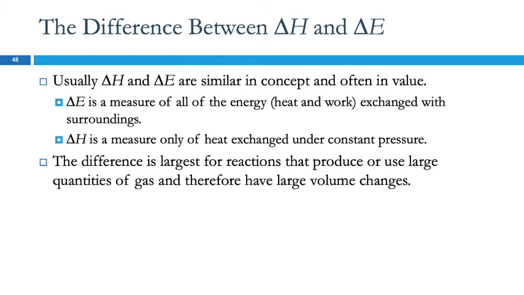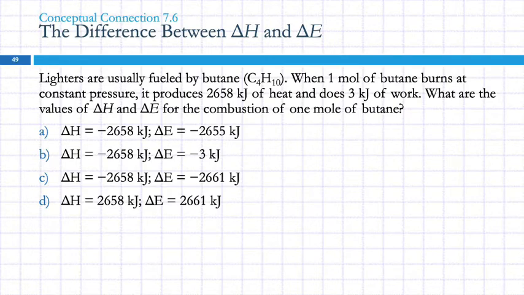But most of the time, they're essentially the same. The only time there's a significant difference is when you have reactions that either produce or use large quantities of gas, so you get big volume changes. But we're not going to do any of those. So delta H and delta E are different things, but if they get fused in your brain as a single thing, it's okay. I'm not going to ask you what the difference between them is.